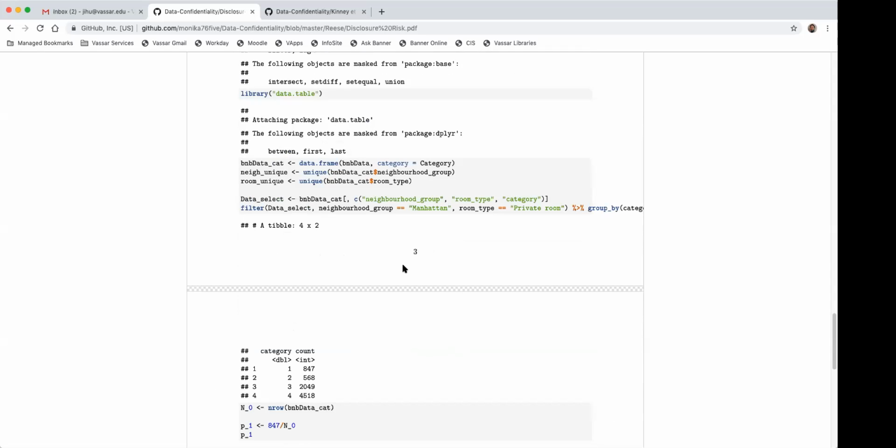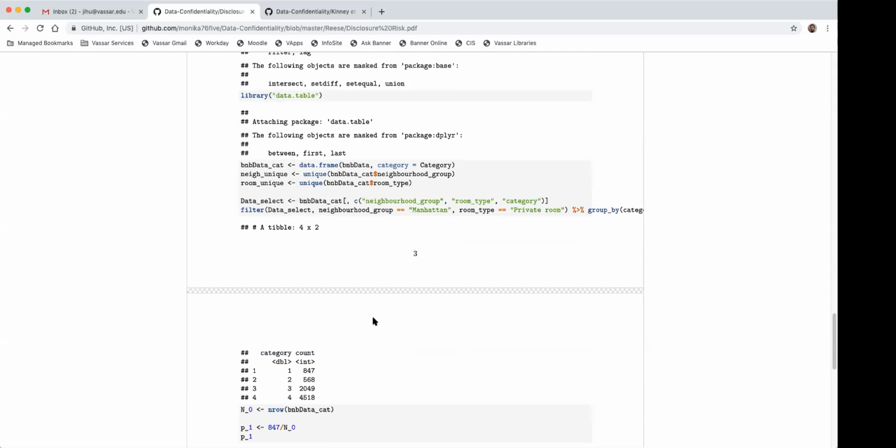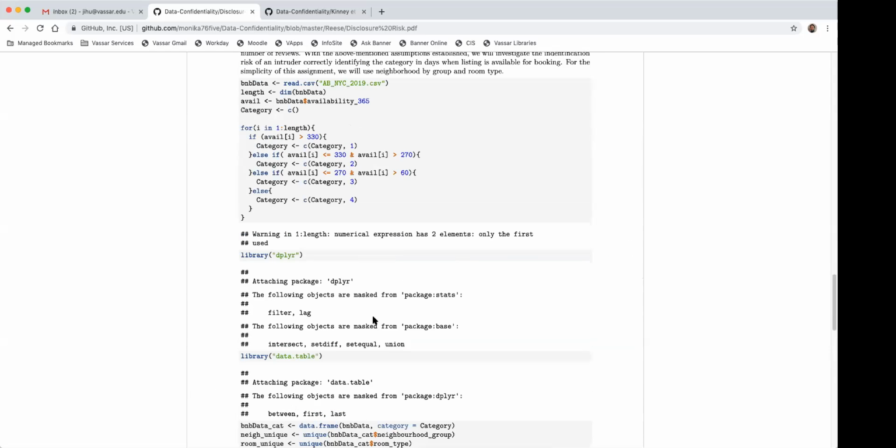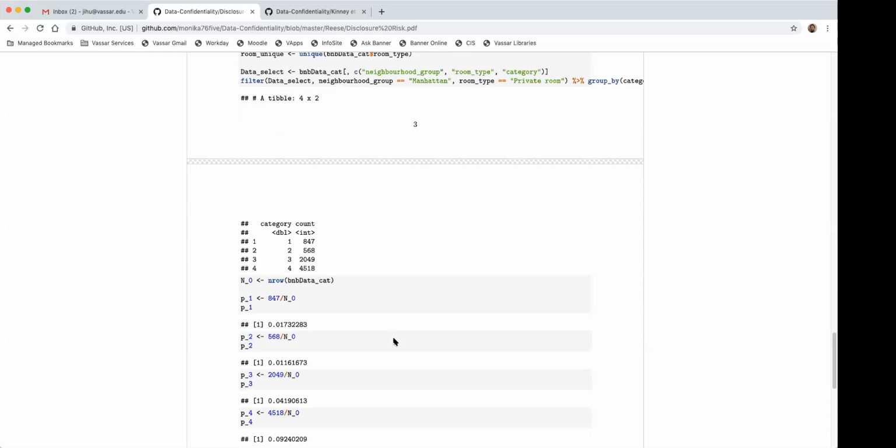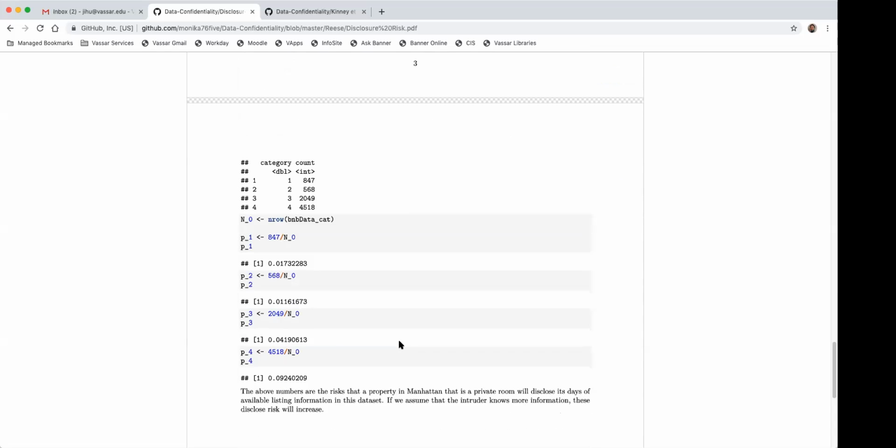There are 847 rooms in category 1, which is available for renting for over 330 days in a year, 500-something in category 2, 2,049 in category 3, and 4,518 in category 4. And I just calculated the probability of identification risk in regards to identifying the category of the house.